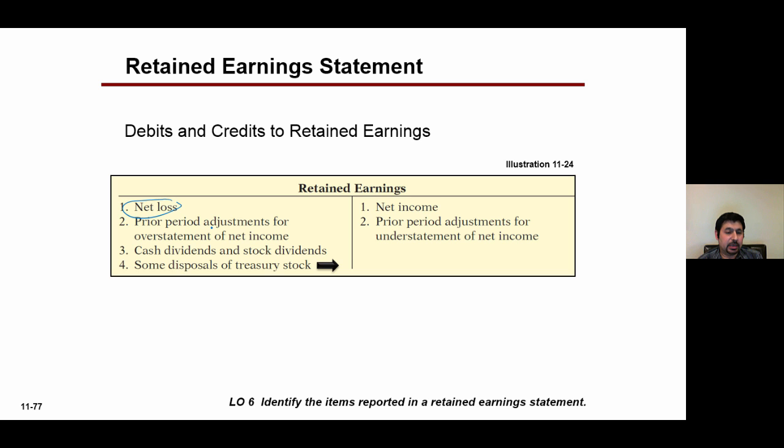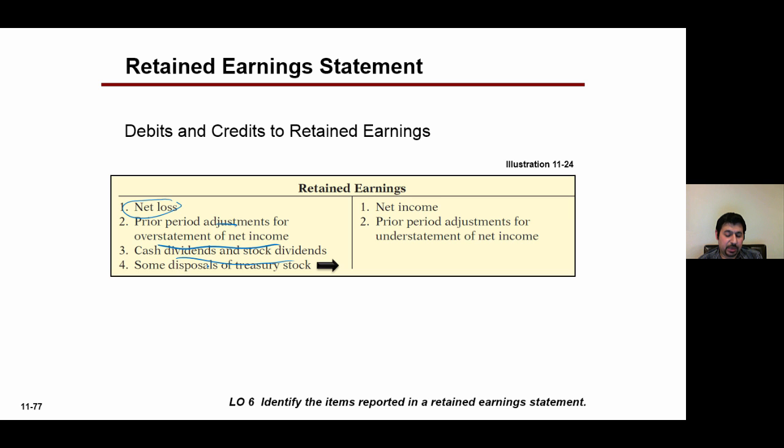When we have an adjustment for an overstatement of net income from previous years, this is when there is an error and we are correcting it, we will debit retained earnings. Cash dividends and stock dividends, basically dividends, will be debited to retained earnings. This is when dividends are closed to retained earnings.